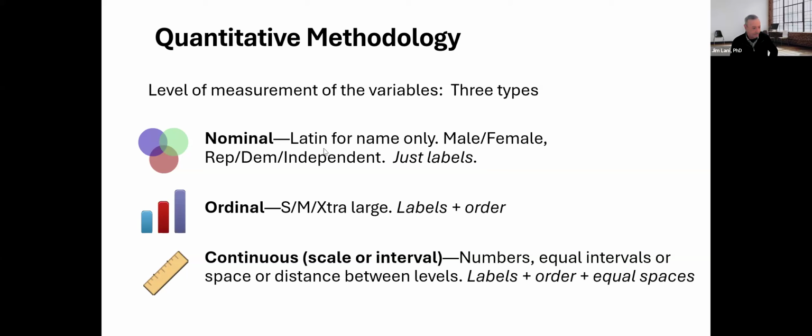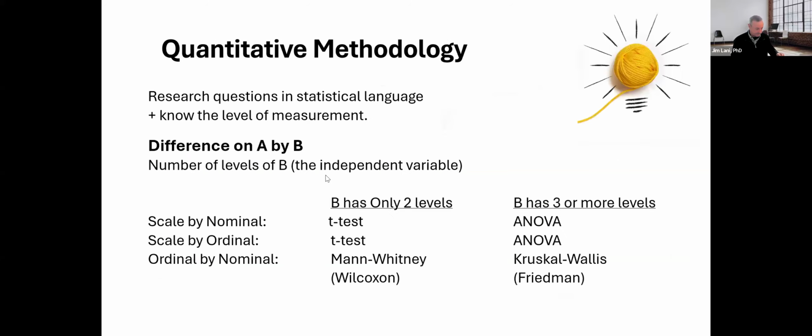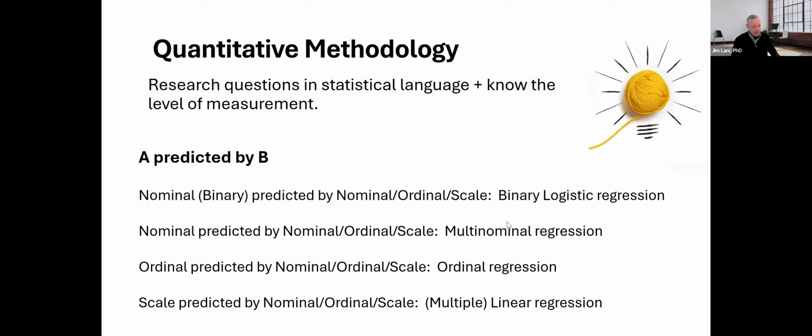If it was, am I going to leave in 6 months, then I'm doing a binary logistic regression because my outcome is a binary or nominal variable. Am I going to leave? Yes, no. And then you can use one or more leadership scales to predict that. It's a very good question.